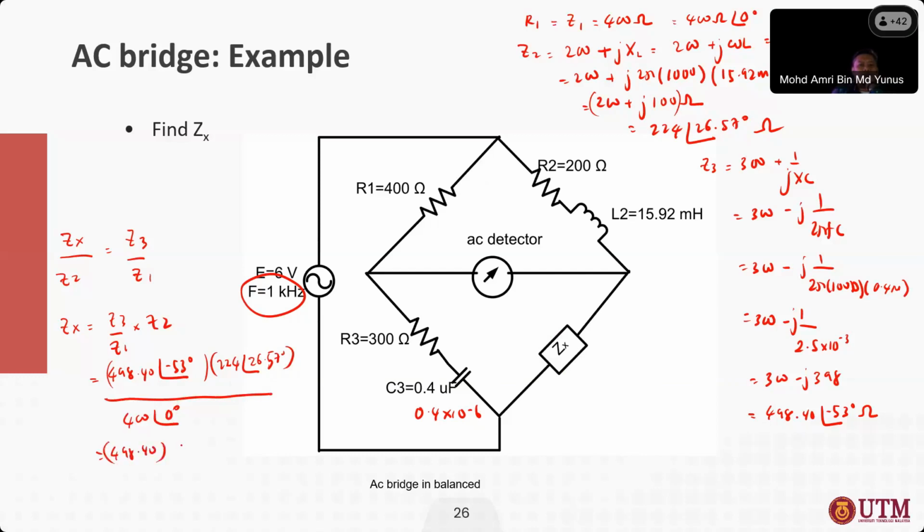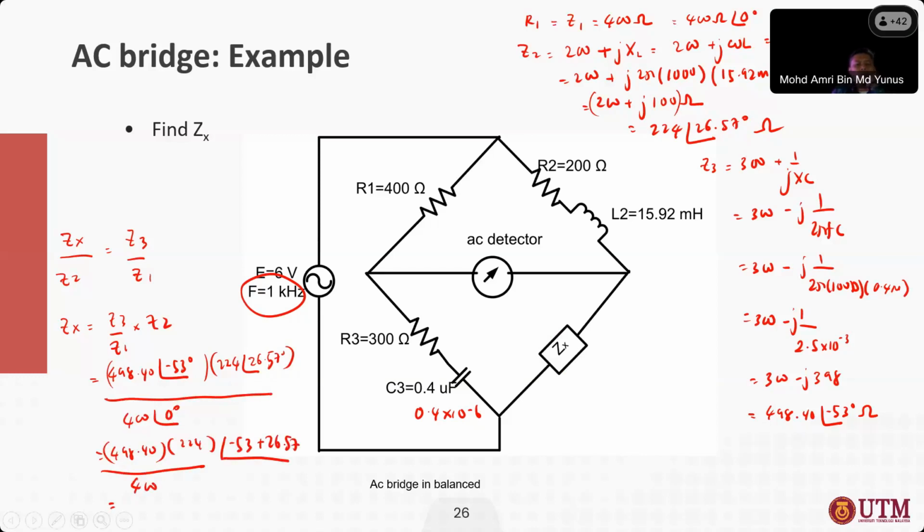Therefore, we get 498.40 multiplied with 224 divided by 400, and then the angle is negative 53 plus 26.50.